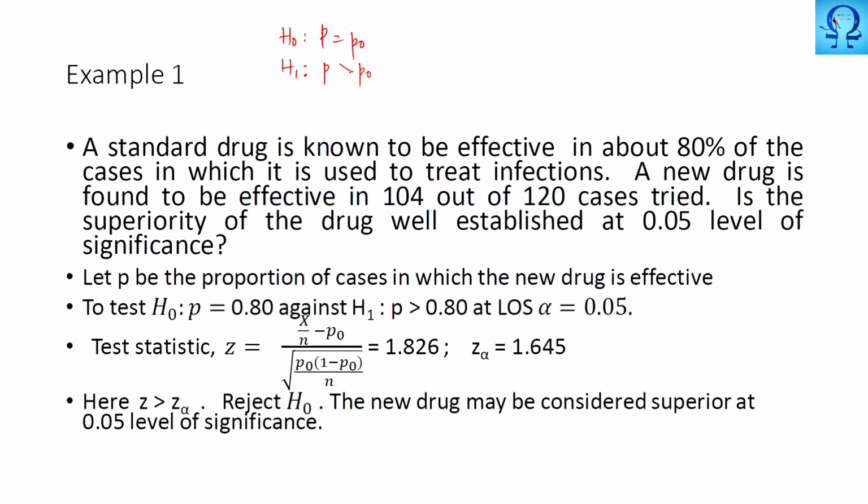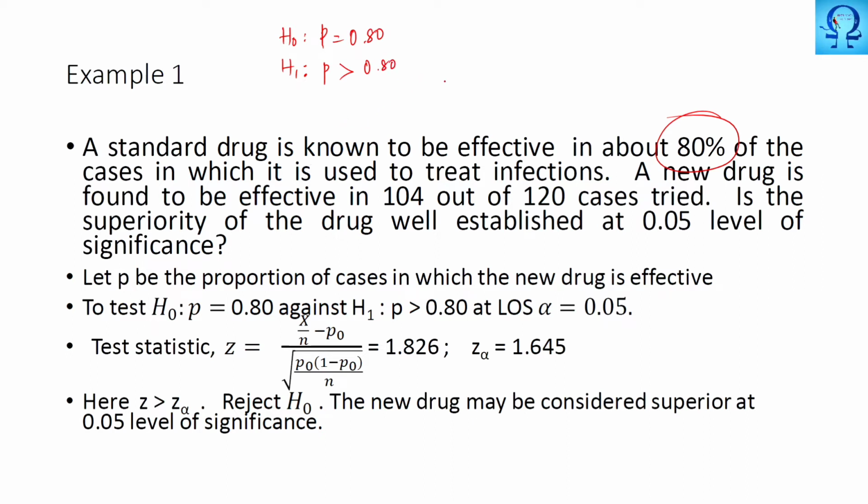In general, we take H naught to be P equals P naught, and P naught here is given as 80 percent. So this is our H naught and this is our H1.